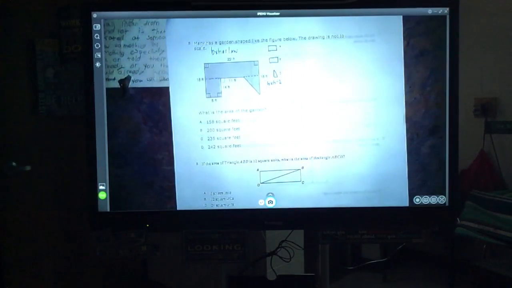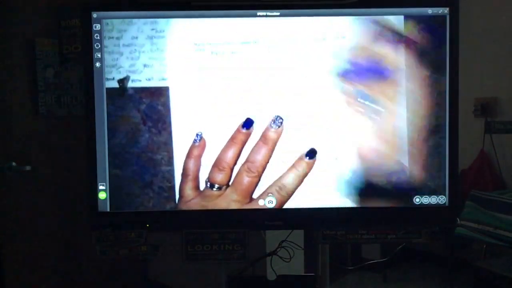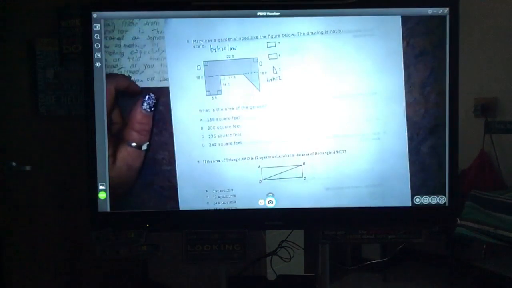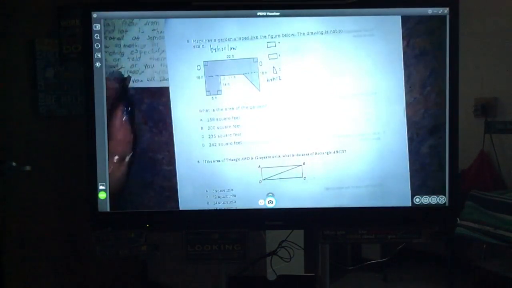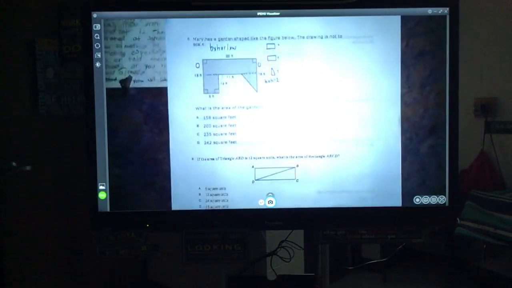We've already cut it up. So I'm looking for this side or this side. How do I find that side? This is a huge problem if nobody can tell me. There's about 20 of you who sent me some work yesterday, so I know you at least attempted it. It's okay if you didn't do it right, but this is why we're going over it today.